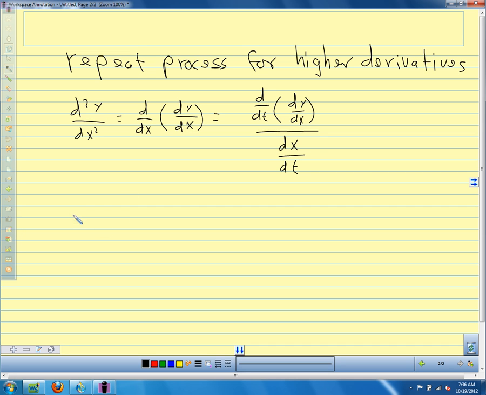If we want the third derivative, this is the derivative with respect to x of the second derivative.